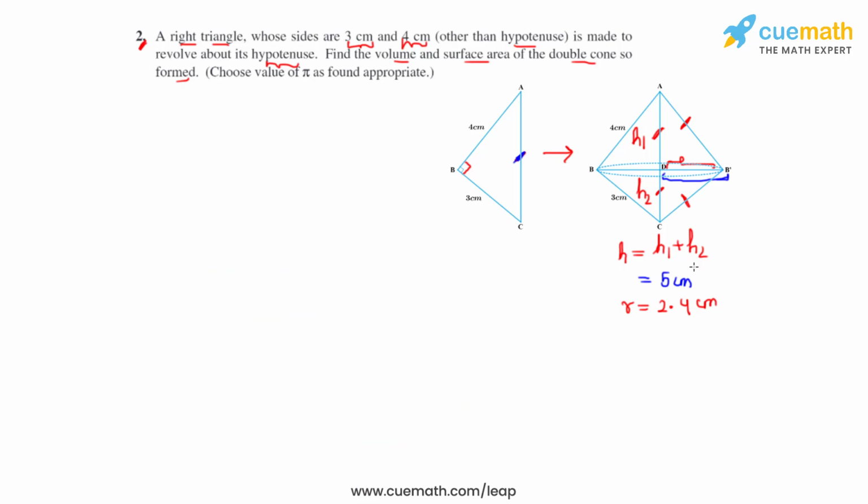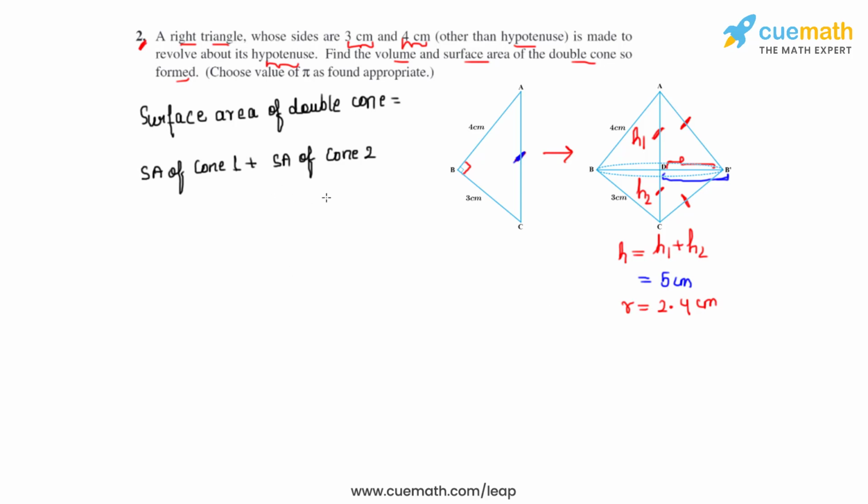So the surface area of the double cone will be equal to the surface area of cone 1 and the surface area of cone 2. So we can write it like this. Now we'll substitute the formulas for them, and that will be pi r L1 plus pi r L2, where L1 and L2 are the slant heights of the cones respectively.